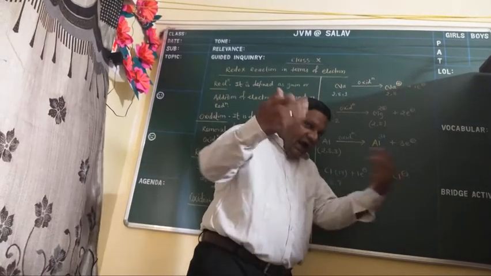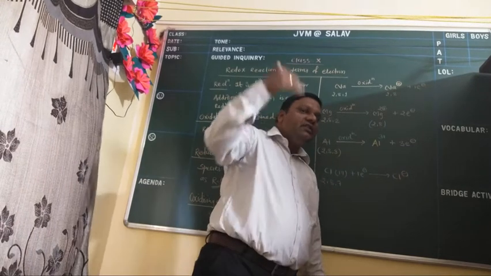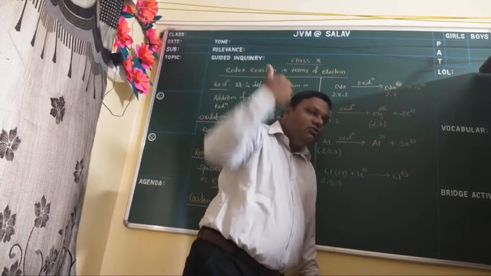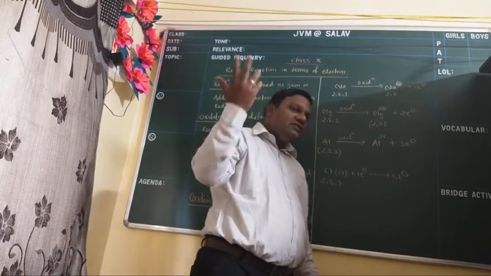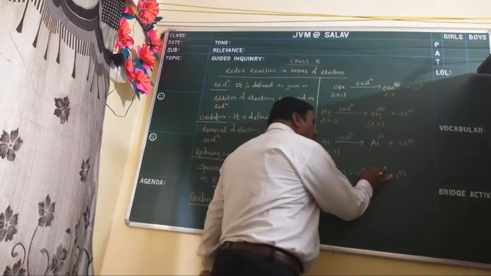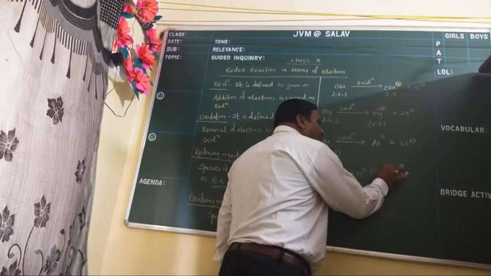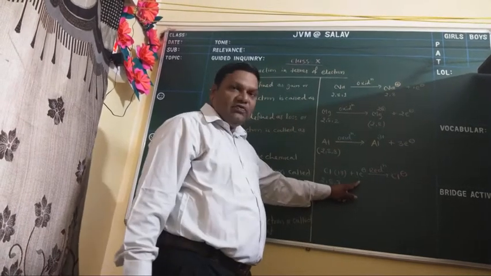If it is added, the negative charge increases. If it is lost, the positive charge increases. Now it is a reduction, because it is a gain of electron.